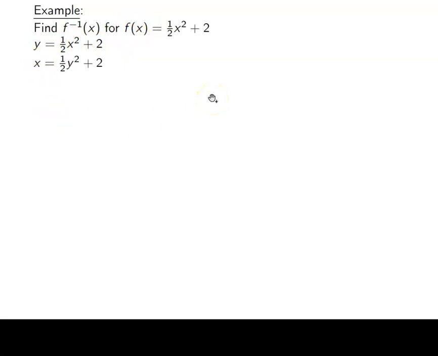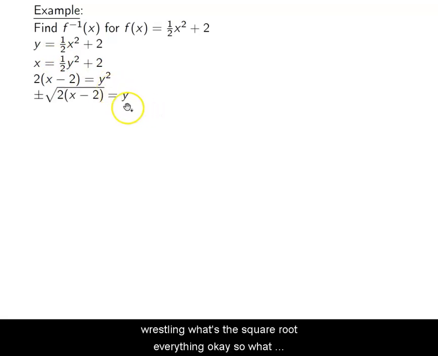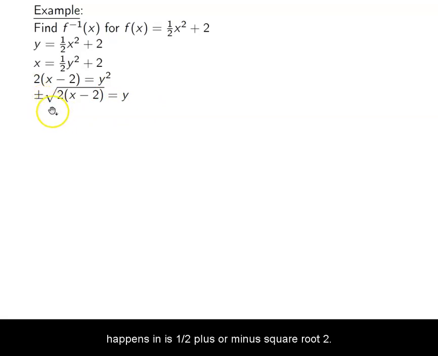Now isolate my y's: I'll subtract 2 and then multiply by 2. Notice I can't get y alone, but you're probably saying, yeah, you can, Professor Williams, just square root everything. What happens then is I have plus or minus the square root of 2 times x minus 2. This is two functions. It is not one function. It's the positive form and the negative form.